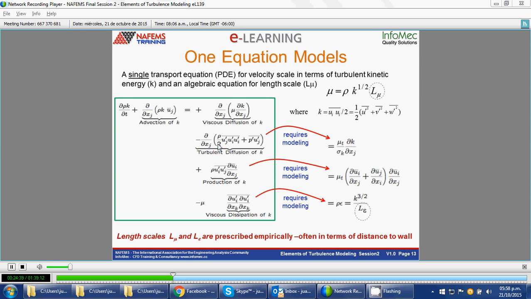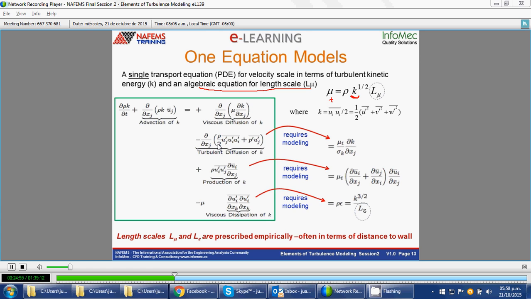So let's look at the one equation model. We say mu t is equal to rho times the kinetic energy to the power of 1 over 2 times some sort of length scale, with an algebraic equation for the length scale.